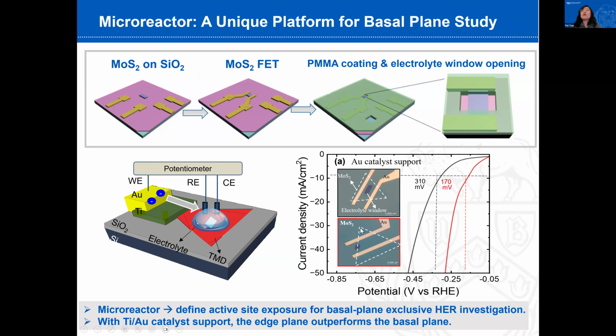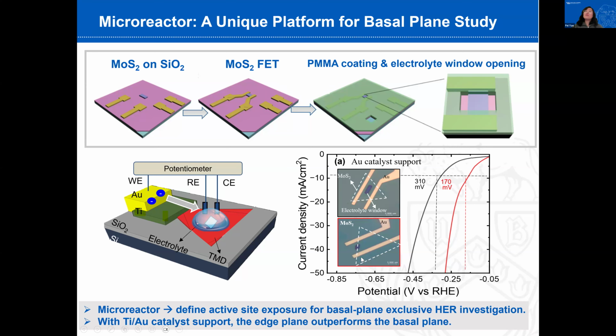In contrast, we can also create a sample which only exposes the edge side. So this is an edge dominant sample. In our HER measurement, the LSV plot simply indicates that the basal plane exclusive sample showed a fairly high overpotential, which is about 300 millivolt, and the edge plane dominant sample showed around 170 millivolt.